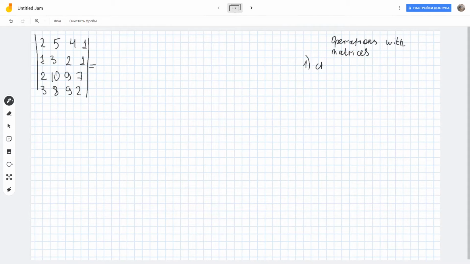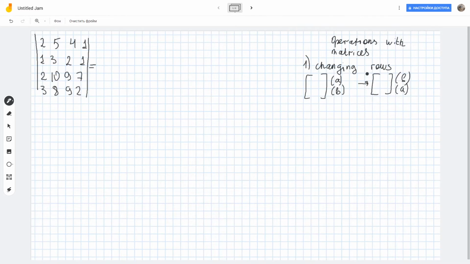The first operation is changing rows. So what it means, if you have a matrix and you have rows A and B, and you change the order of the rows.